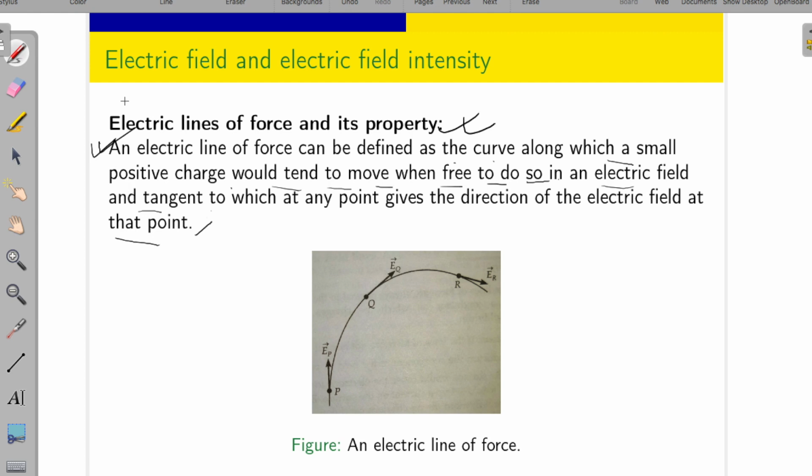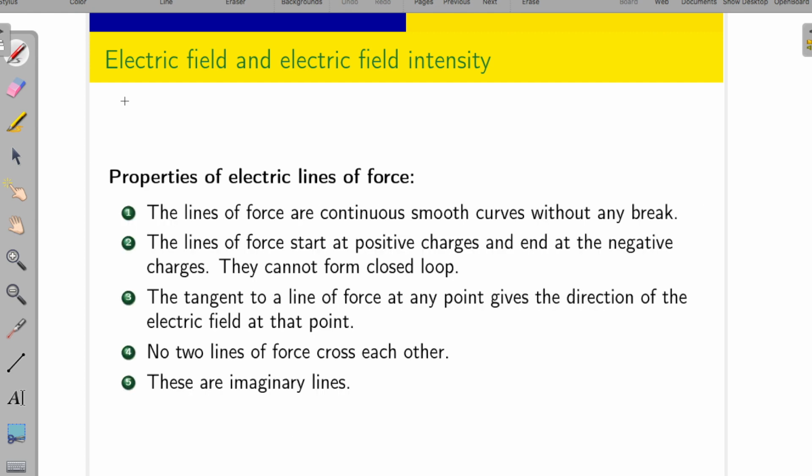If we go through the properties of the electric lines of force, a few of the properties are mentioned here. The lines of force are continuous smooth curves without any break. The lines of force start at positive charges and end at negative charges; they can't form closed loops. So what does it mean?